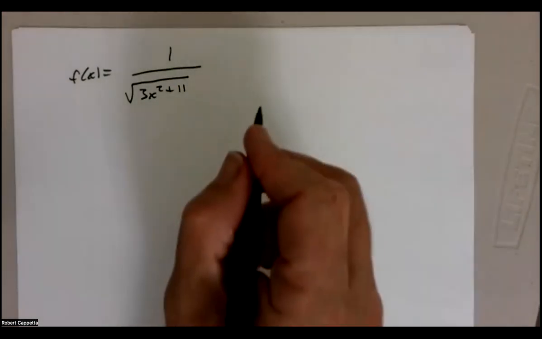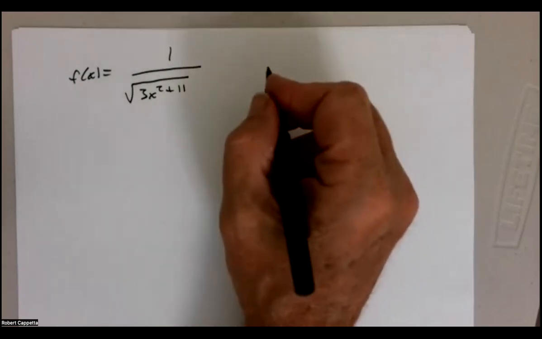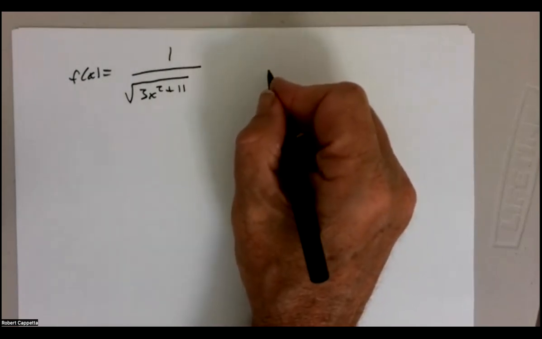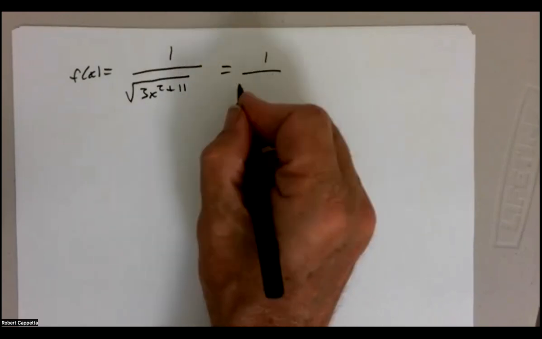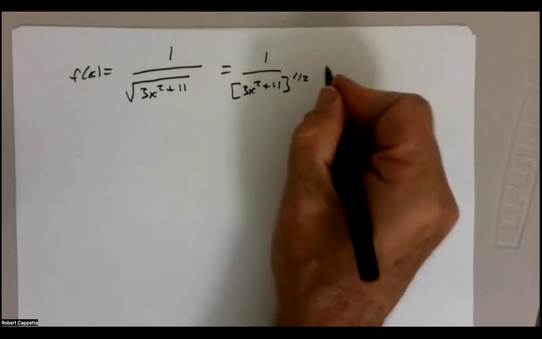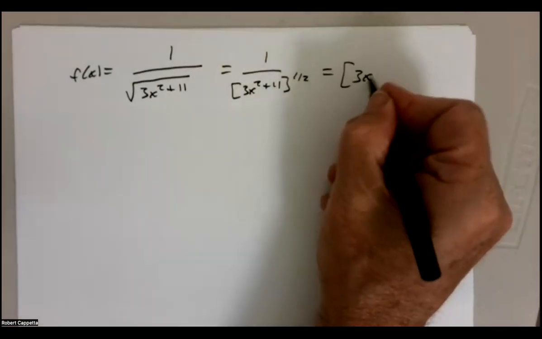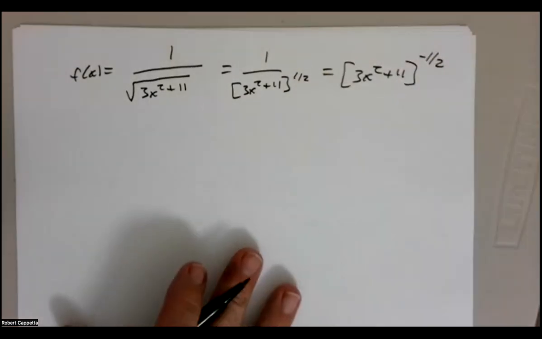I don't know what u is going to equal yet. Let's rewrite it this way as 1 over (3x squared plus 11) to the 1/2 power, which is (3x squared plus 11) to the negative 1/2 power. There we go. That's what we want.